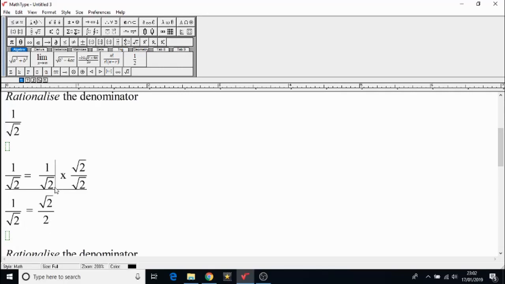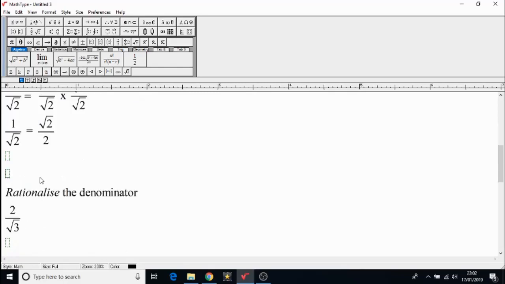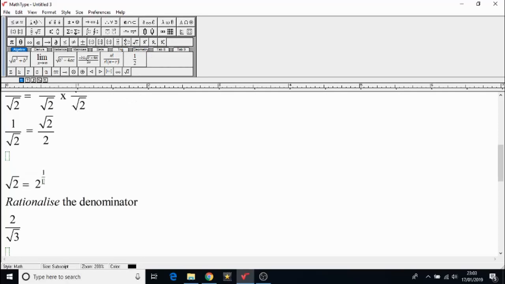If you didn't understand why, when you multiply a square root by another square root, it cancels out, it's because a square root is the same as writing the term to the power of a half. So for example, the square root of 2 is the same as 2 to the power of a half.